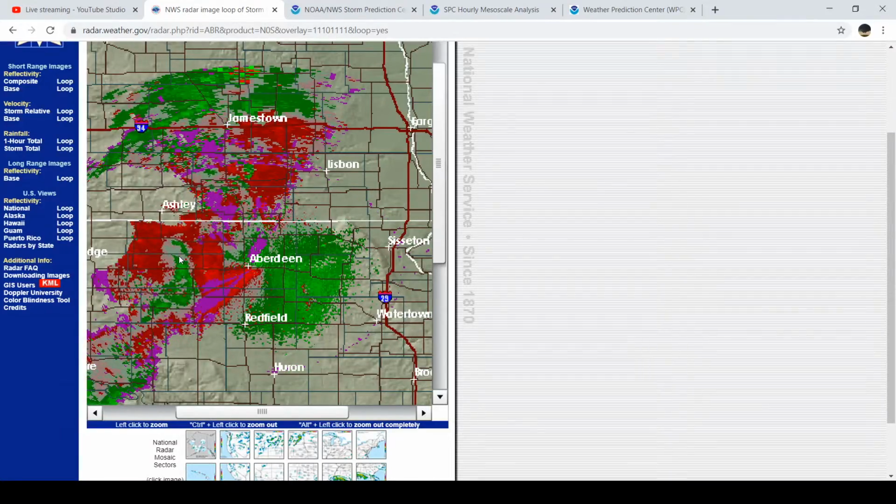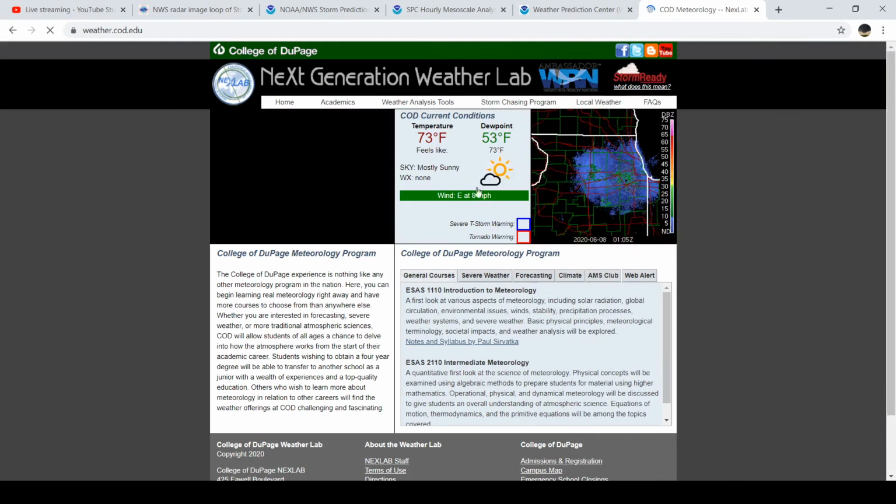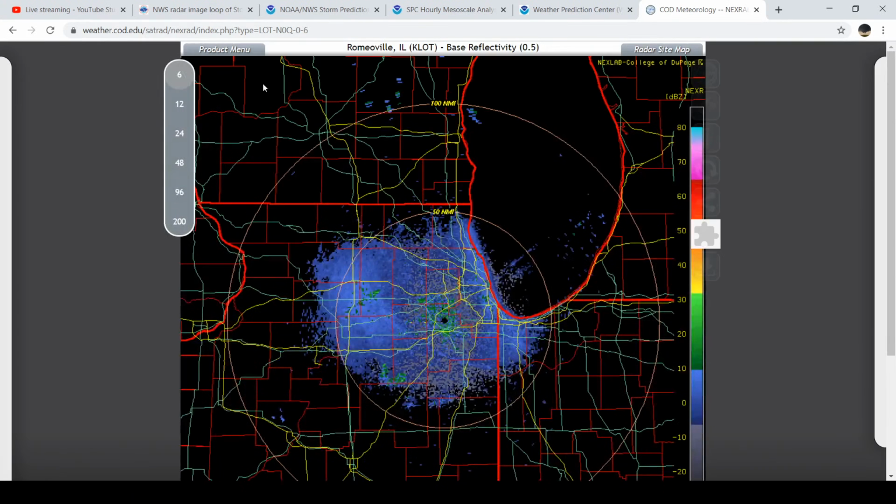So there could have been a brief touchdown tornado, but not sure. Now we'll go to the next radar.